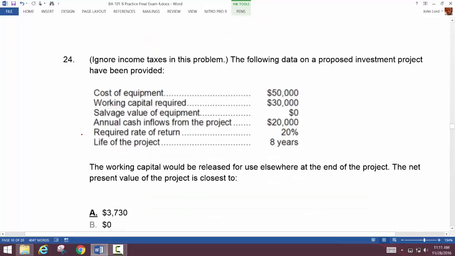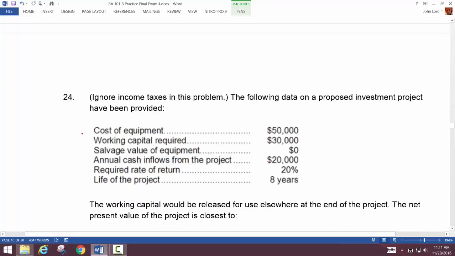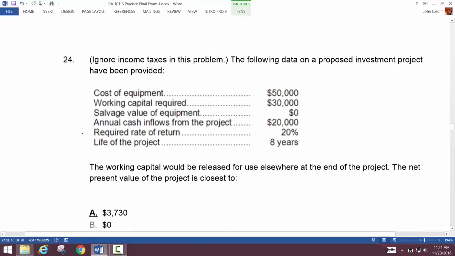Let's take a look at question 24, right? Okay. And they want to know the net present value of this project. So we have the cost of the equipment, so we're going to set it up the same way. Now versus what? Future. 50,000 is coming out right now, right?